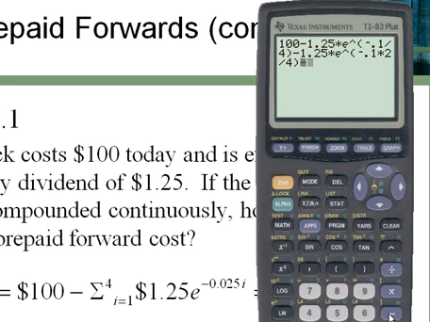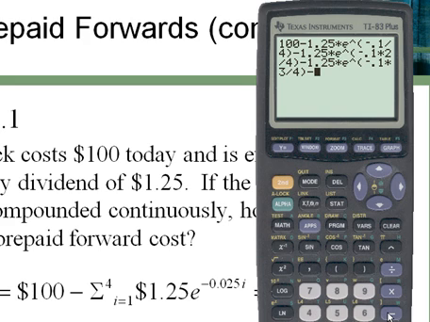Now we've got to subtract off the present value of the third dividend. Okay, $1.25 times e to the minus 0.1 times 3 divided by 4, okay, because it's 3 quarters of a year away.